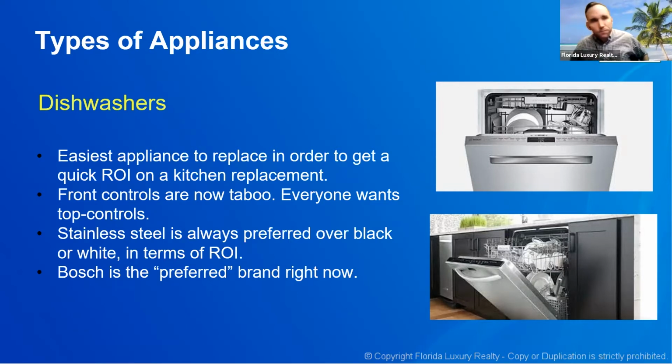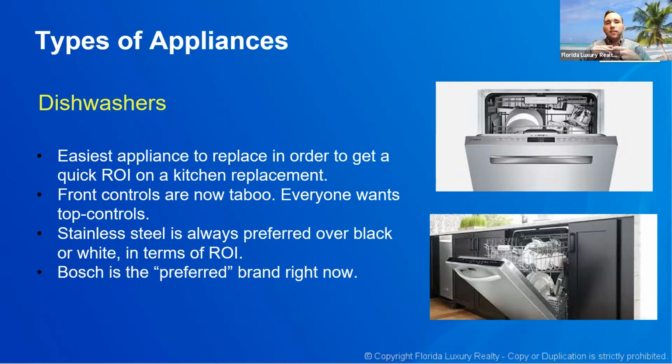Okay, so let's get into dishwashers for a second. Dishwashers are just a whole other world at this point. They are the easiest appliance to replace in order to get a very quick ROI on the kitchen.